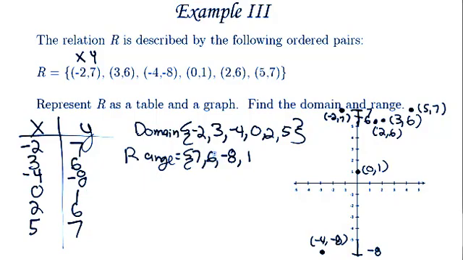Well, I already have 6 listed. If I listed it again, that would be fine, but I really don't need to. And then 7. I already have 7. So my range is actually only these 4 unique numbers. I don't need to list numbers twice. So I represented the relation as a table, as a graph, and I found both the domain and the range.